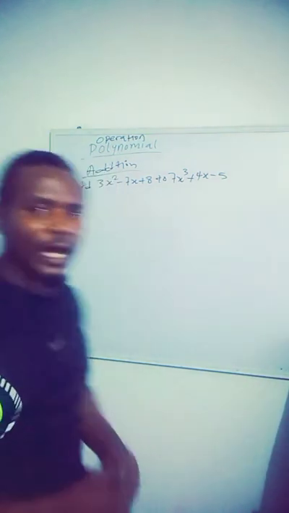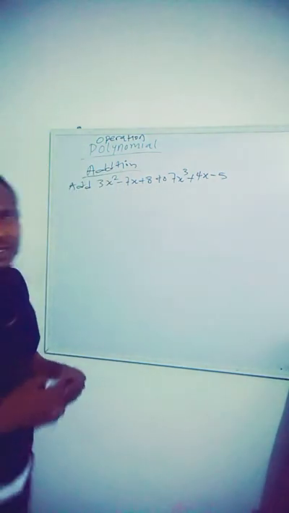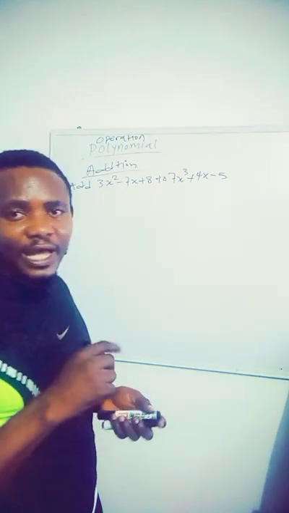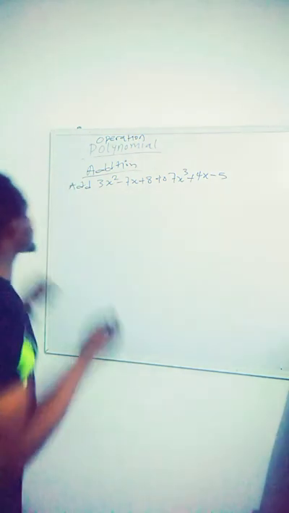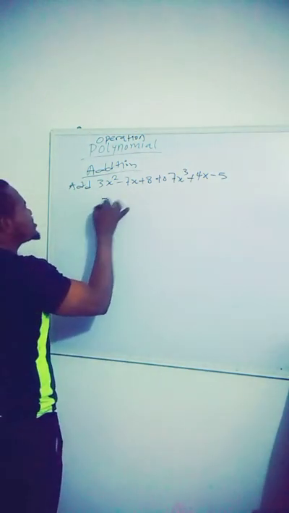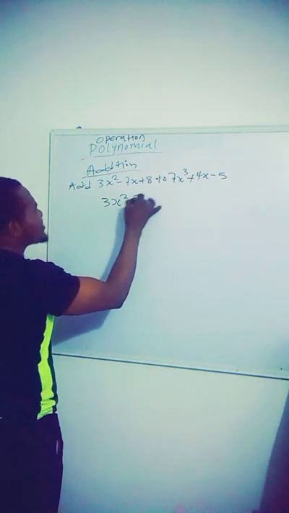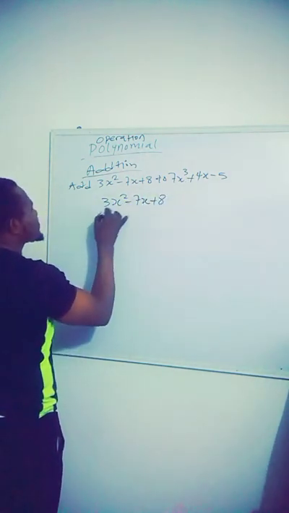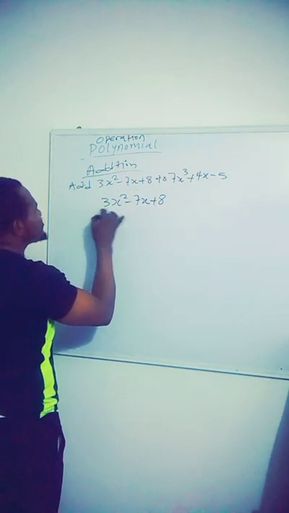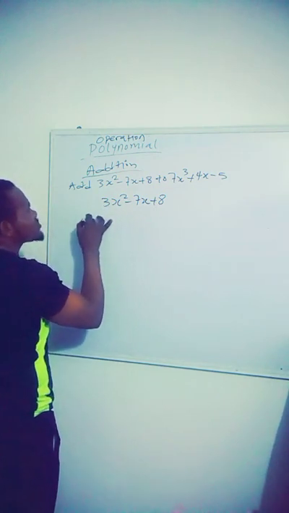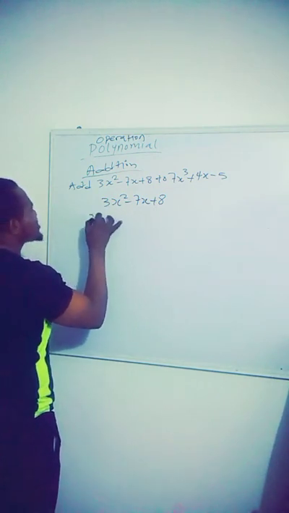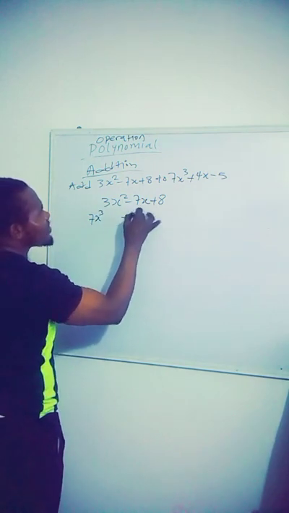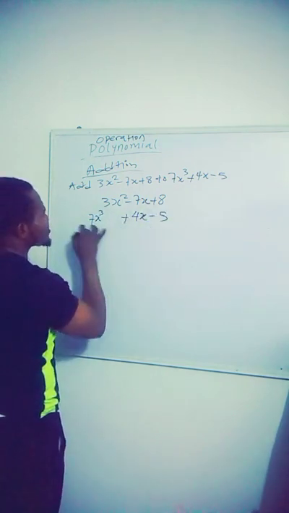So how do you add? You add the same power to the same power. You can't add x squared and x cubed together. So since we are adding, let's write 3x squared minus 7x plus 8. So we are adding to it 7x cubed, then plus 4x minus 5.